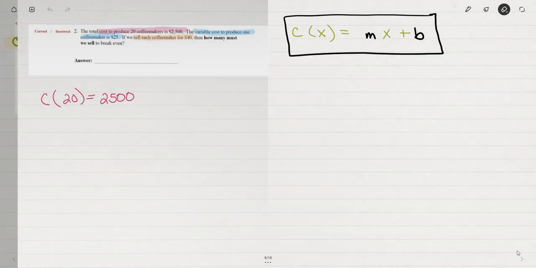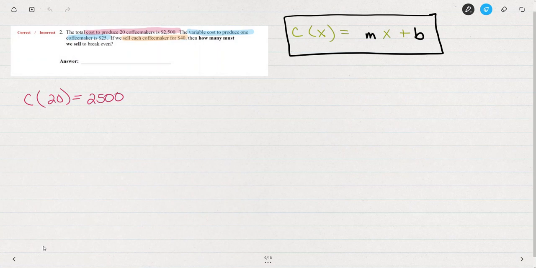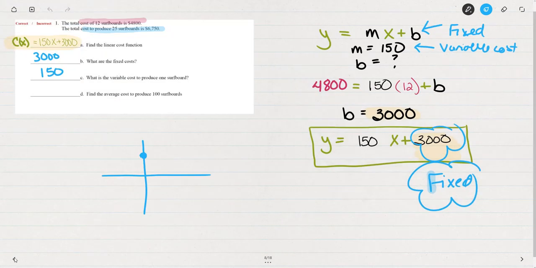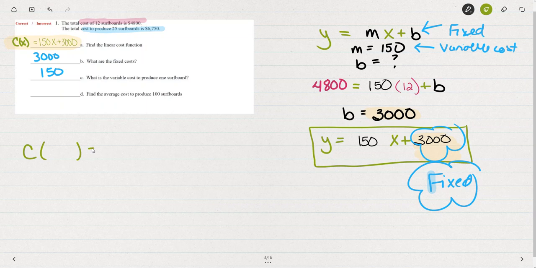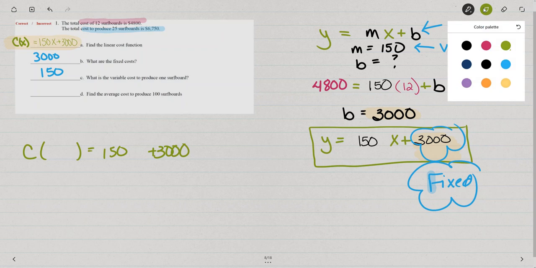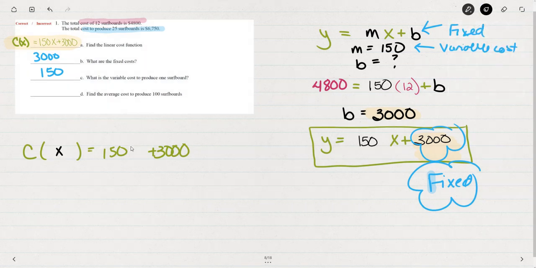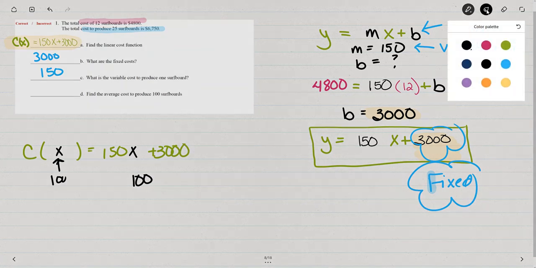And then we could use this function to calculate the cost of 100 surfboards. Sorry, let me go back. I think I swapped screens too early. Let me write it out here. If C of x is 150x plus 3,000, all I need to do is replace this x with 100 to find the average cost to produce 100 surfboards.